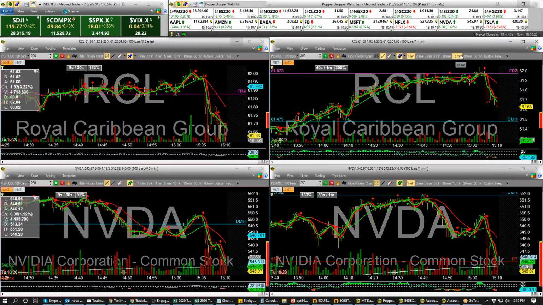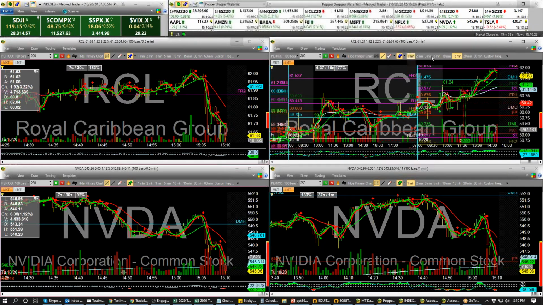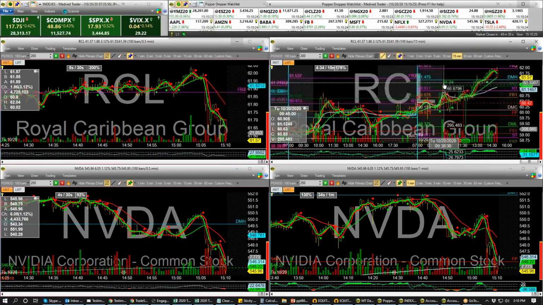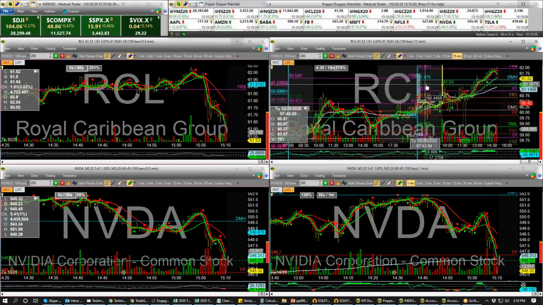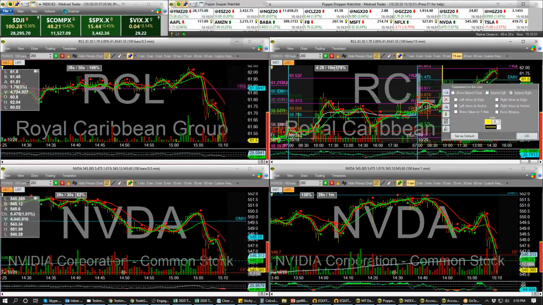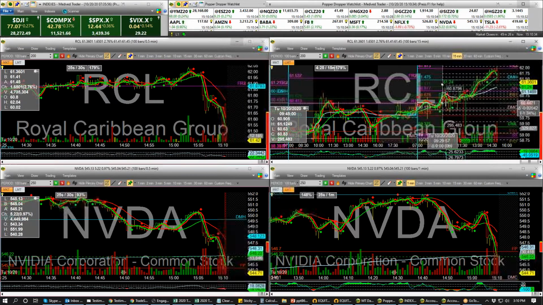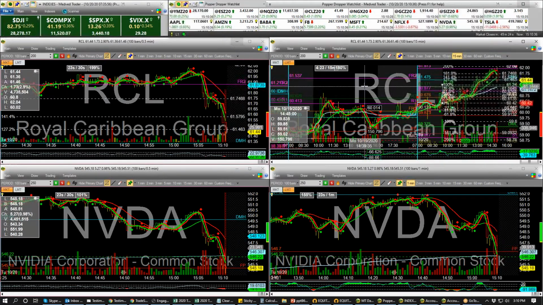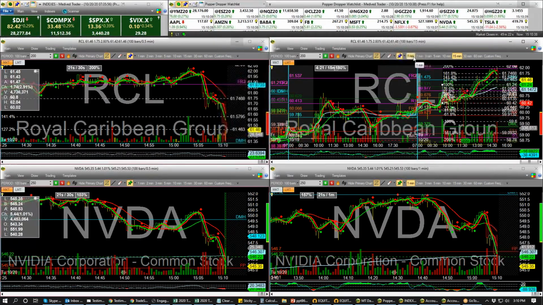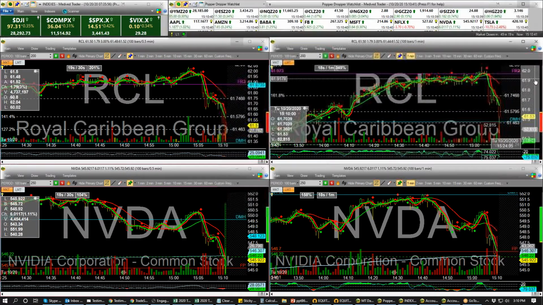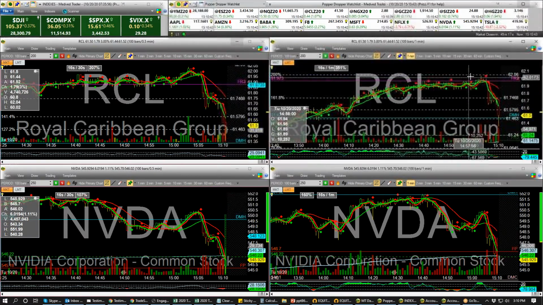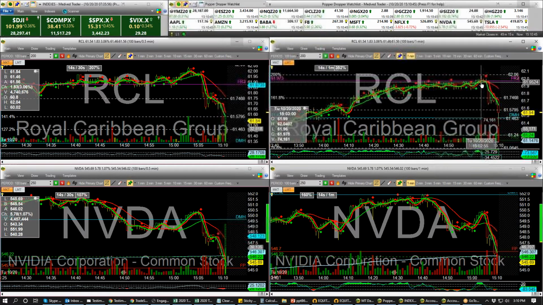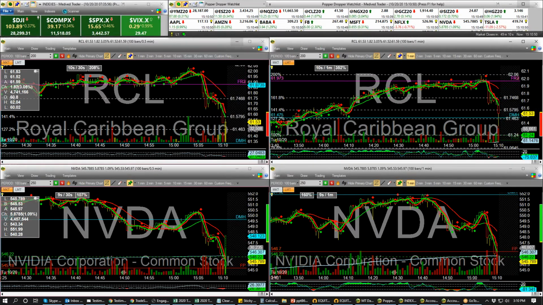The other indicator that we sometimes use, we haven't been using it as much as we used to, is the Fibonacci extension of the first 15 minute. And actually, if you go back, you'll notice that RCL, when it peaked out, got within about a penny of hitting the 200% Fibonacci level of the first 15-minute extension.